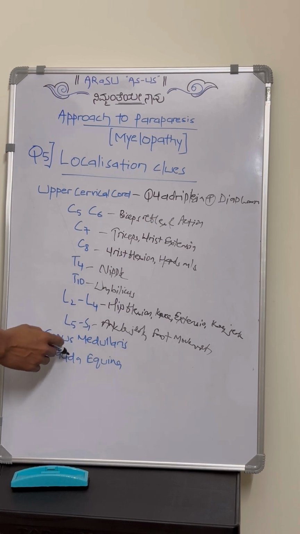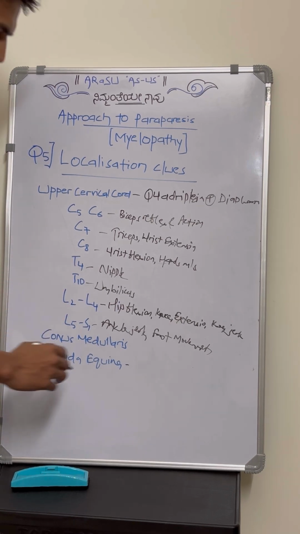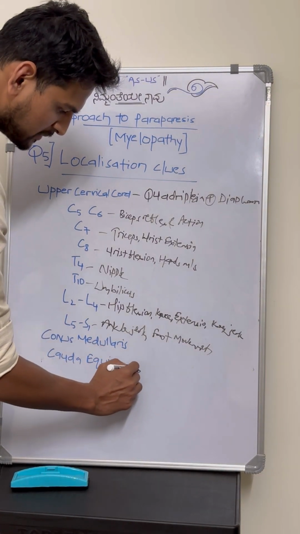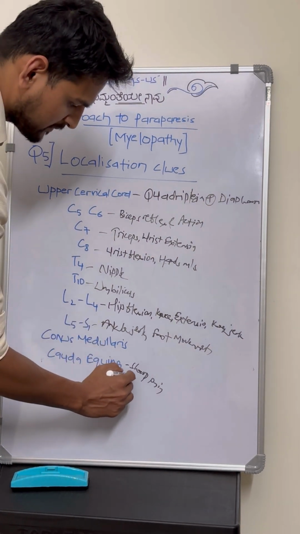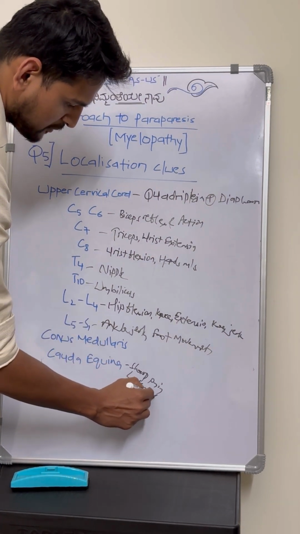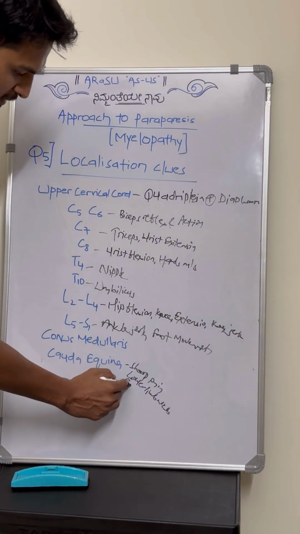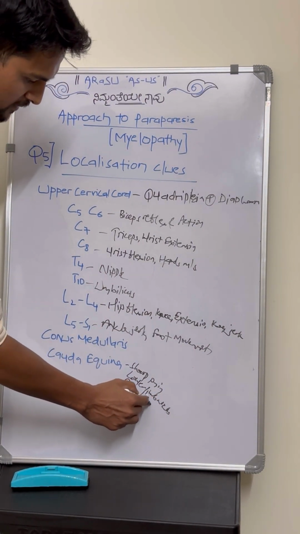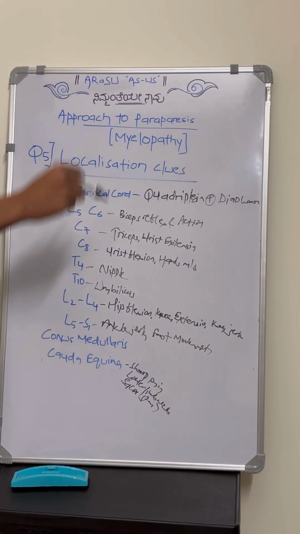At the end comes conus medullaris and cauda equina. So first we will deal with cauda equina. Here mainly the radicles will be involved. So sharp pain will be there and lower limb weakness will be there, but there will be sacral sparing. Whereas conus medullaris is the central part.